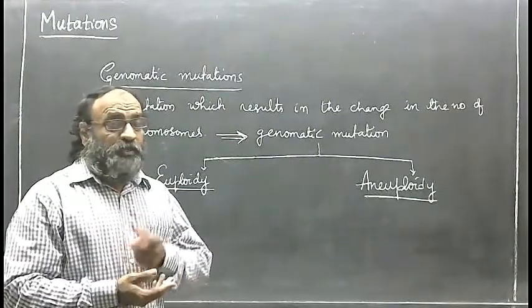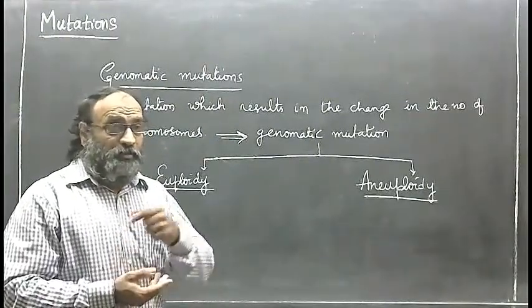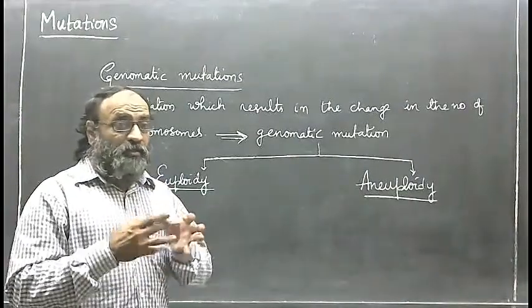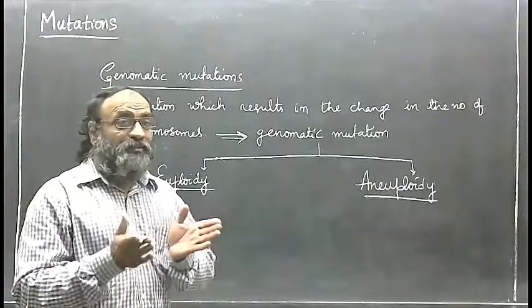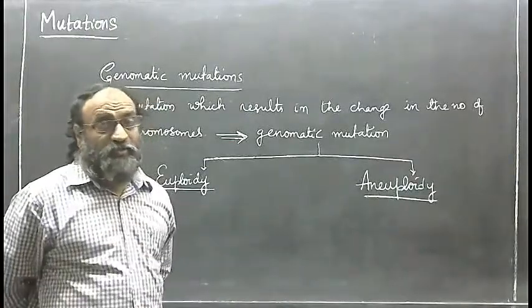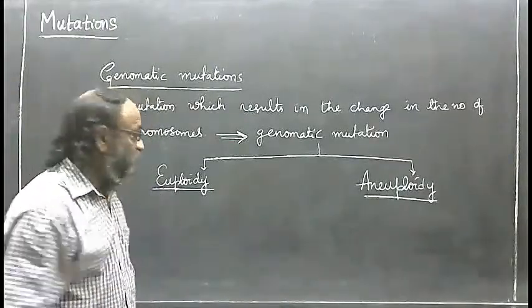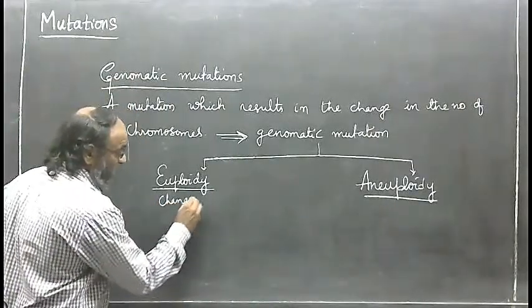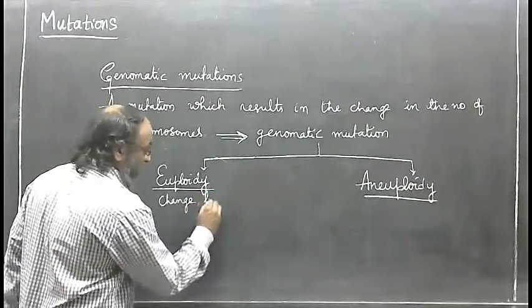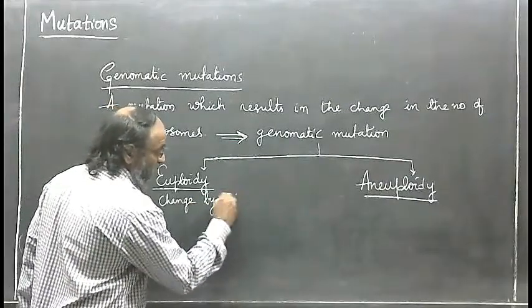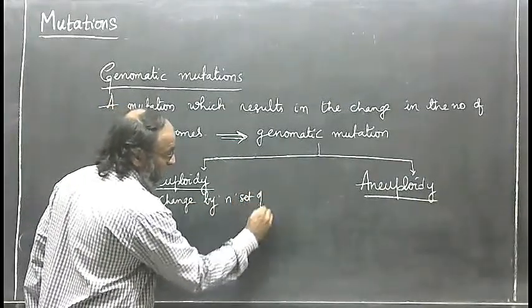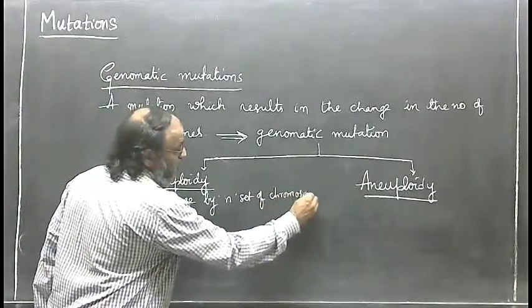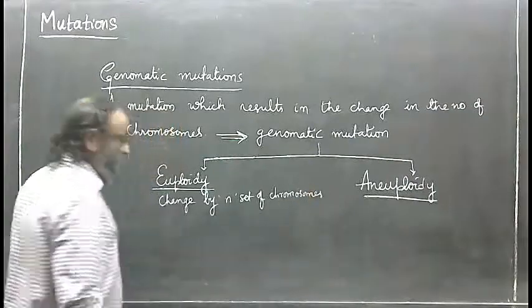In euploidy, there is a change by n set of chromosomes. Then it is euploidy.